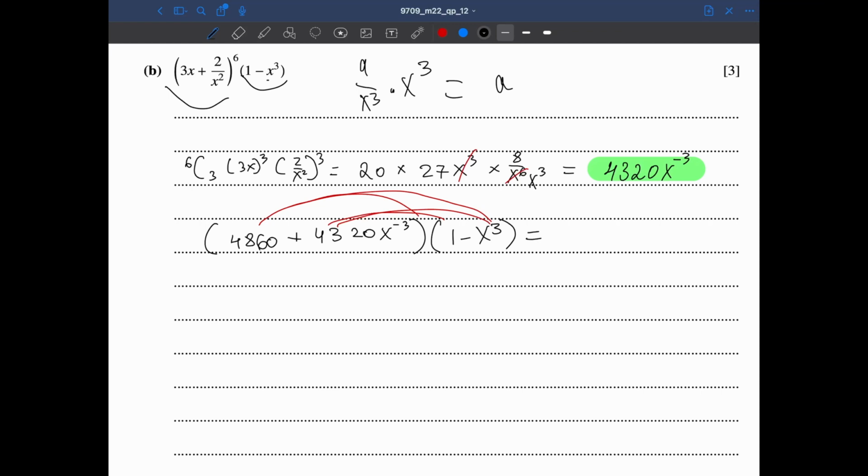So actually, we don't need to multiply everything by everything. We're just going to multiply 4860 by 1, and we get 4860. And then we're going to multiply 4320 x to the power minus 3 by minus x to the power 3. And we're going to get minus 4320. And if we plug that in our calculator, we're going to get 540. And let's check if that's the correct answer from the mark scheme. All right, and the mark scheme says that that's indeed the correct answer.